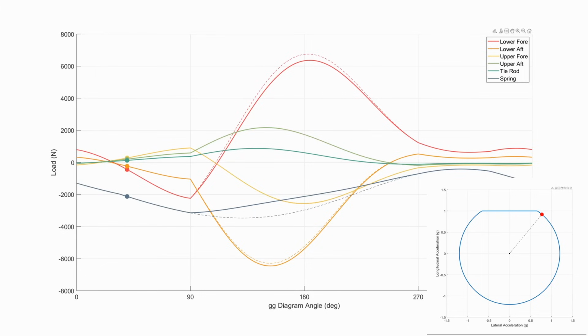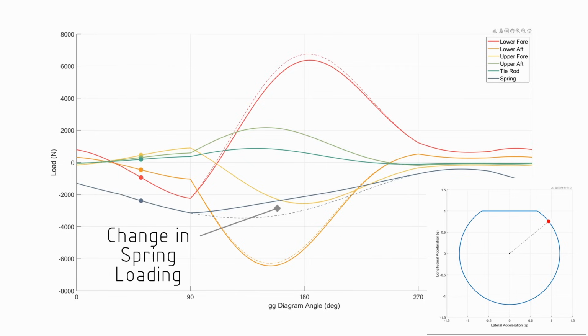Now, this is a little bit easier to see if we take the graph of those link loads. And the most noticeable difference is going to be in the loads going into the spring, especially when there's a reasonable amount of braking being applied. And you can see the original is shown as the dotted curve here, and the suspension system with the anti-dive is shown as the solid line, and we can see that the load going into the spring is less than without the anti-dive.